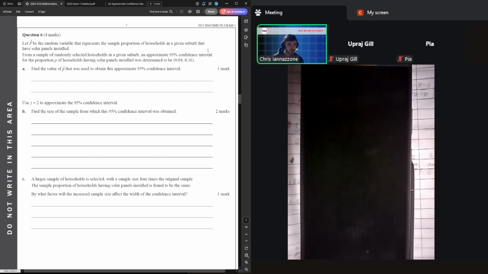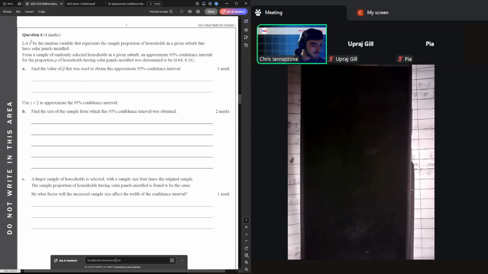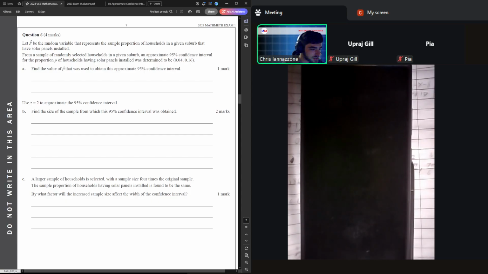Either way, whichever one you choose, you'll have a z value, you'll have a p hat value from what was calculated, and those are the only other two things in there. n is the last thing that you can now rearrange for. The arithmetic on it can be a little bit tough. See how you go.